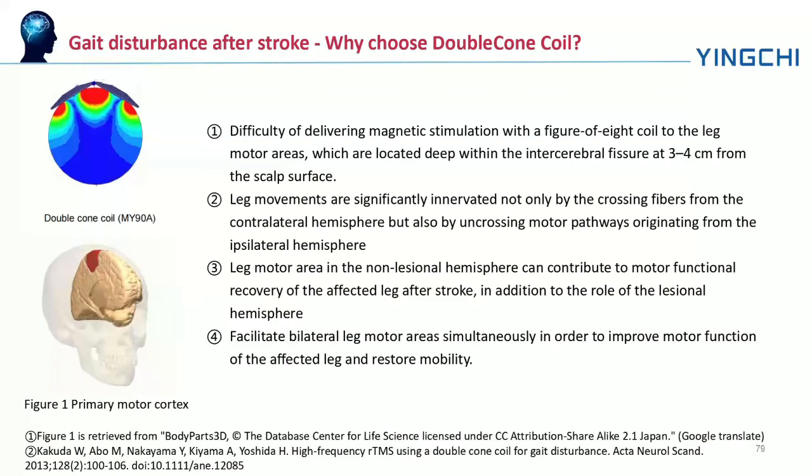And we have mentioned this model before. In addition to the role of the lesional hemisphere, it may therefore be desirable to facilitate bilateral leg motor areas simultaneously in order to improve motor function of the affected leg and restore mobility. And the double cone coil has deeper stimulation, so it is better to use this coil to stimulate the leg motor area to relieve lower limb pain.